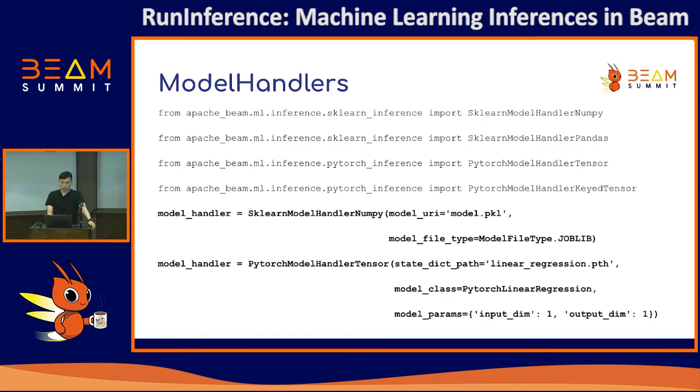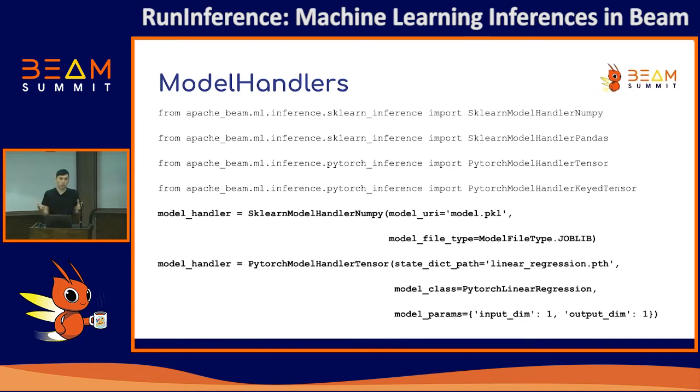To import your models, you need to configure a model handler that will wrap around the underlying model that you have. Which model handler you use will depend on the framework and the type of data structure that contains your inputs. For example, if you're using a scikit-learn model and your input is a numpy array, just use SklearnModelHandlerNumpy. And for PyTorch tensors, use PytorchModelHandlerTensor. And we have a few others like support for pandas and then keyed tensor.